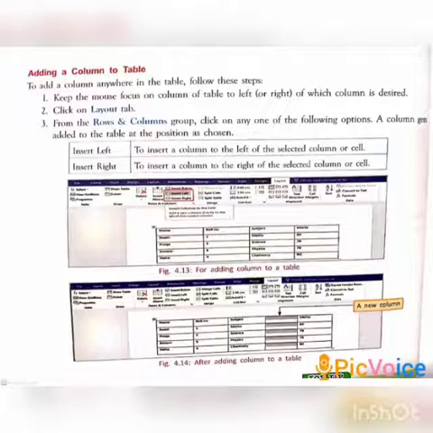For adding a column to a table, click on insert left or insert right. Then the new column will be displayed. That is the new column after adding a column to a table.